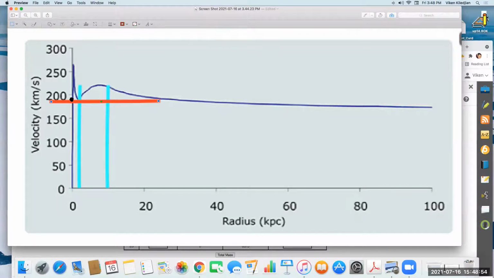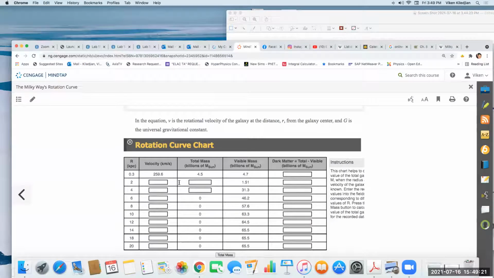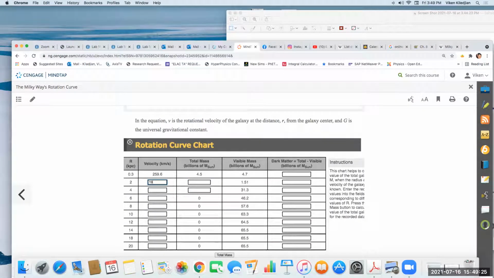You're going to guesstimate that point here. 150, 160, 170, 180, 190. Okay, so I'm going to say that's a speed of 190. Then I could take a snapshot of that and say that's 190 kilometers per second. So when we fill that in, it's going to tell us here, 190 kilometers per second.